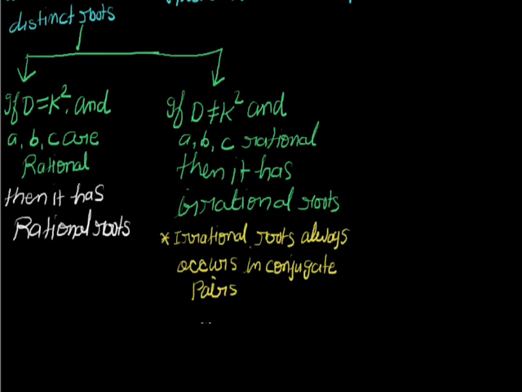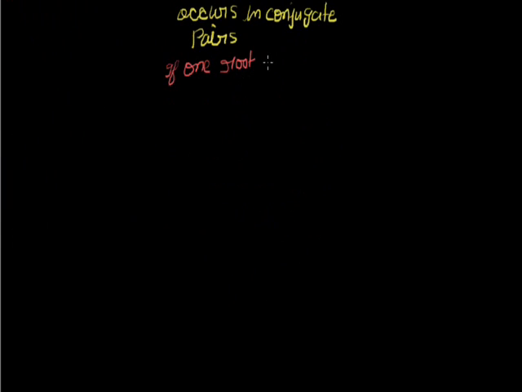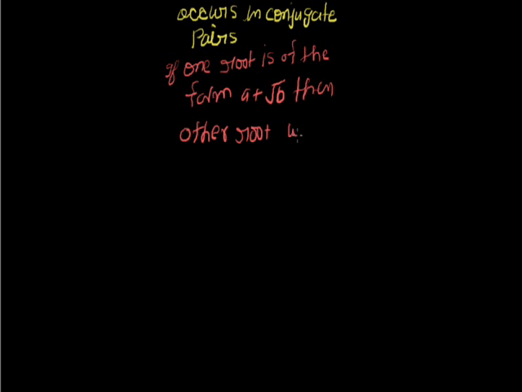Conjugate pairs means if one root is of the form a plus root b, then the other root will be of the form a minus root b.